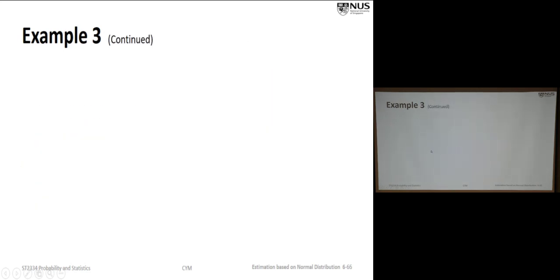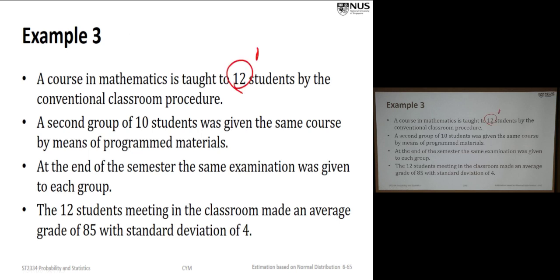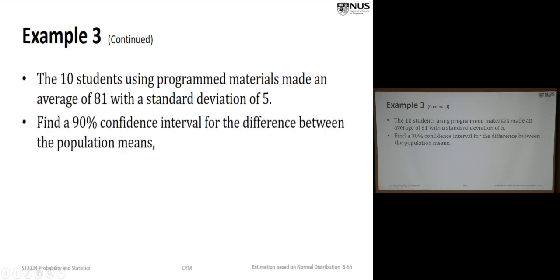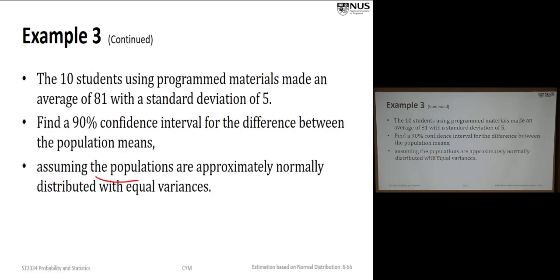In this case, n1 is small: n1 is 12, n2 is 10. Where's the equal variance? I need to assume two things. Normally distributed, at least I don't say exactly normal, but approximately normal, so you just treat it as normal.